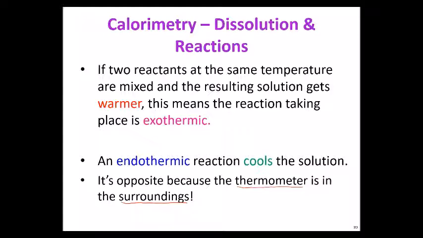That means the system's losing heat. That would be exothermic. If it's cooling down, that means the surroundings are losing heat and the system is gaining heat, and that's why that would be endothermic. It's very important you pay attention to that thermometer. It's opposite. Temperature goes up, exo. Temperature goes down, endo. Looking at it this way helps make sure our delta H gets the correct sign as well.